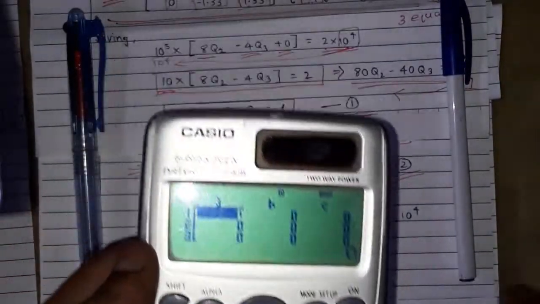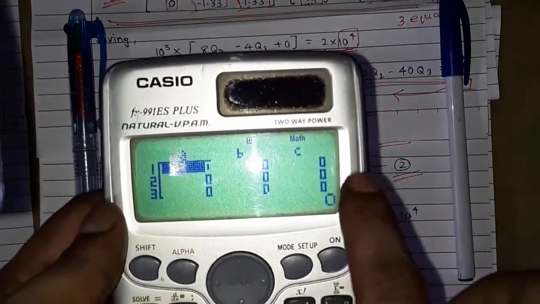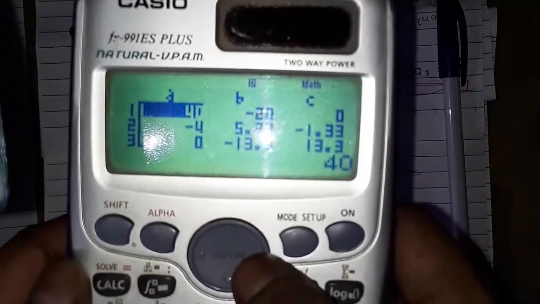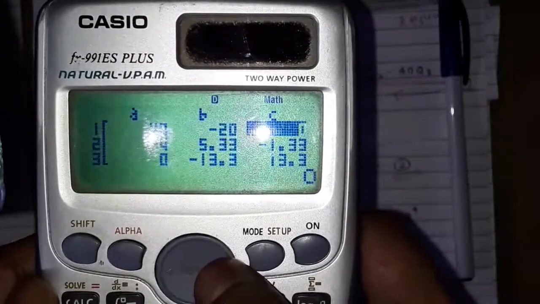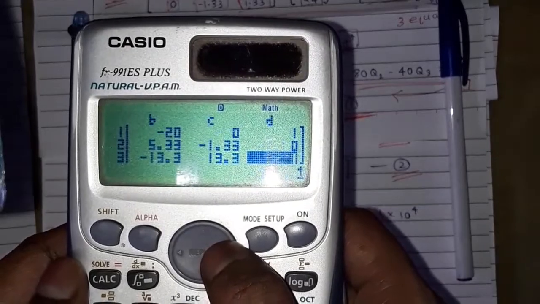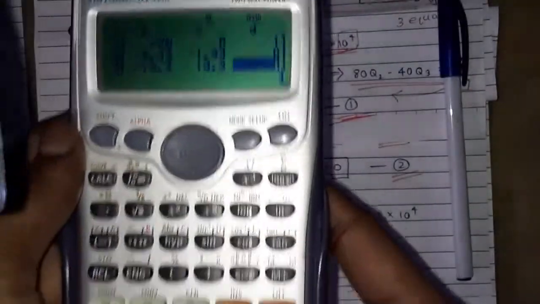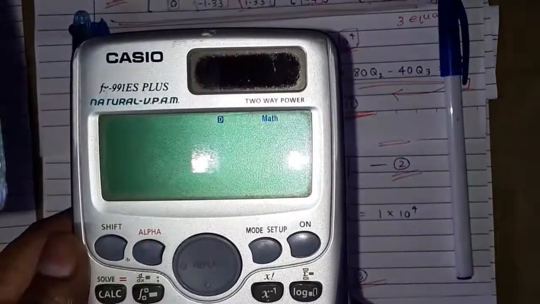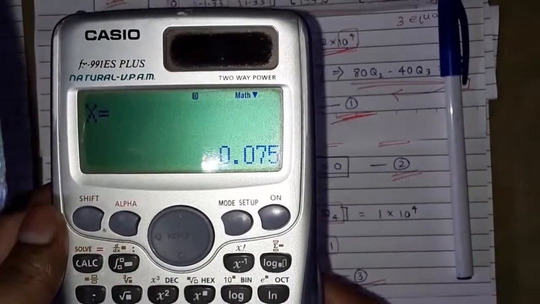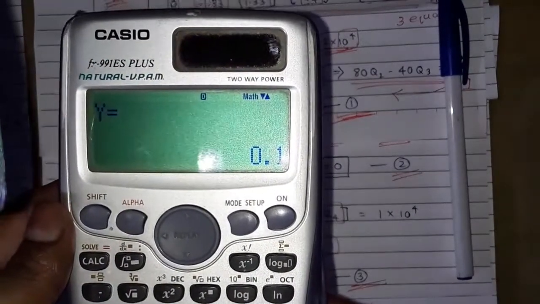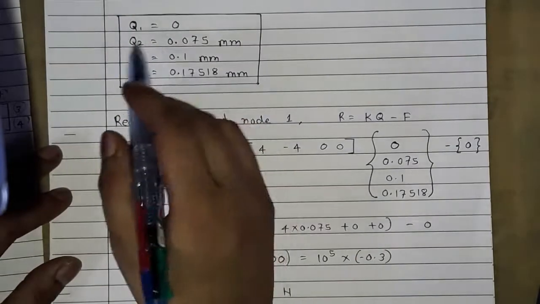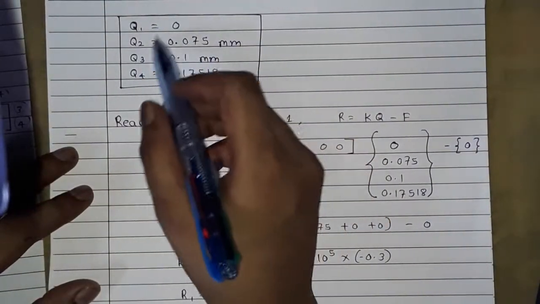Now we put all the values in the equations, as we can see for each equation. When we solve it, this is the first value, q2, this is the second value, q3, and this is the third value, q4. After solving in the calculator, we got all these values.